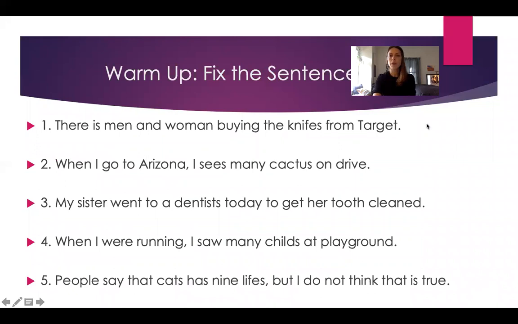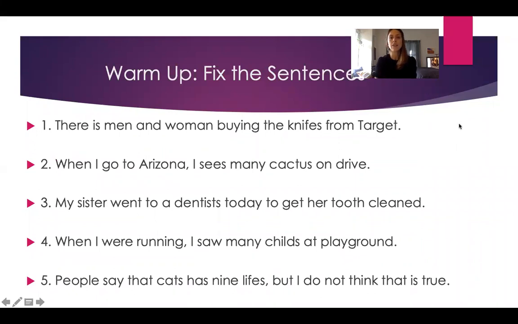So the warm-up for today is to fix these sentences. Now, each sentence can have maybe one error or it can have lots of errors. So at this point, I would like you to pause the video and write down what you think are the correct sentences on a separate piece of paper. So please pause this video.